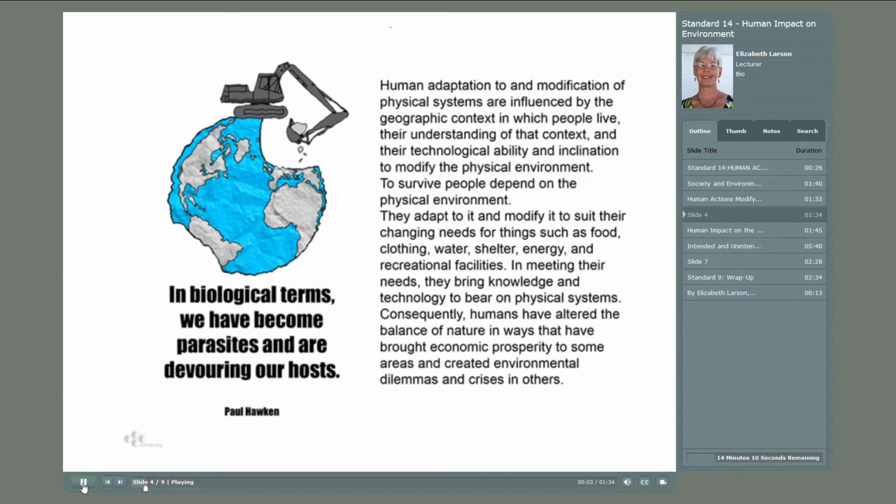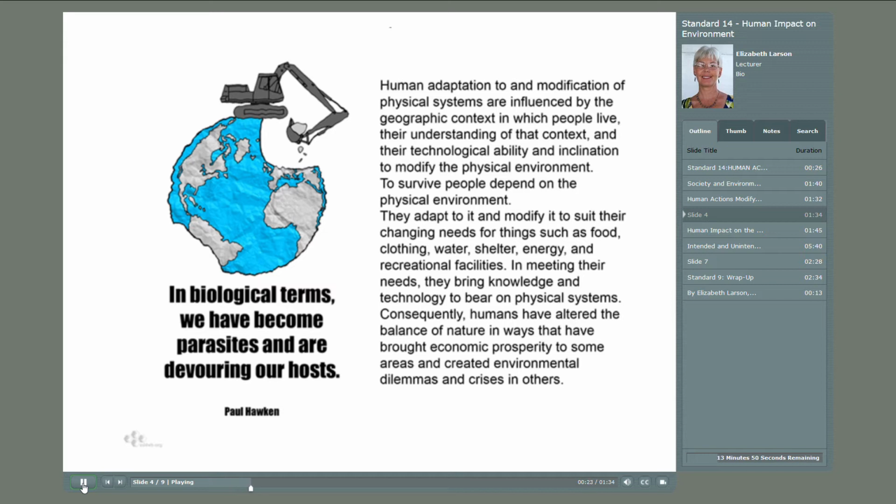Human adaptation to and modification of physical systems are influenced by the geographic context in which people live, their understanding of that context, and their technological ability and inclination to modify the physical environment.